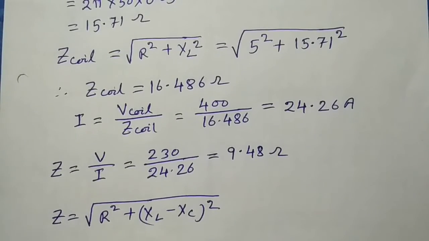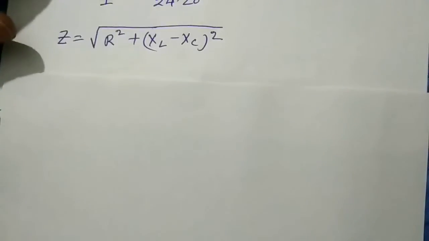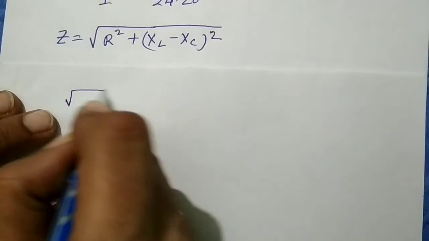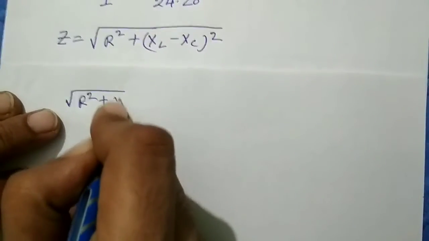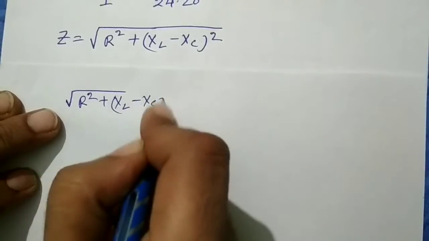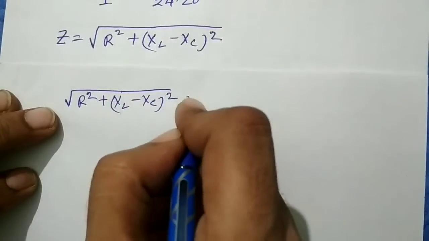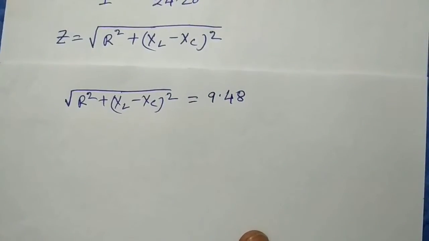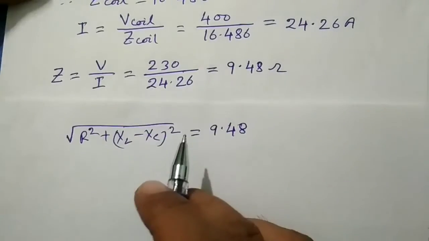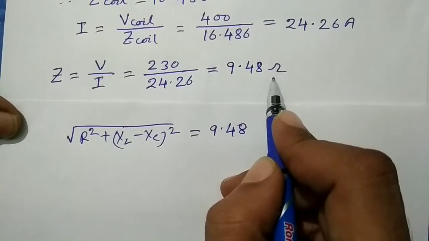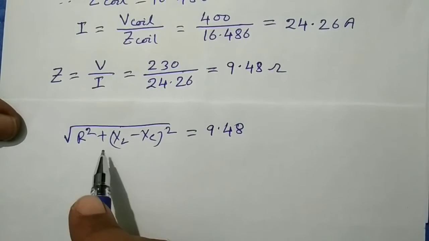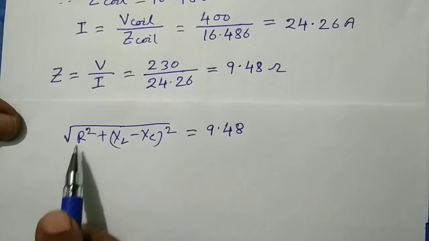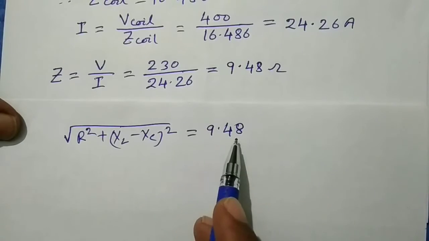Therefore, we can write square root of R square plus XL minus XC whole square is equal to 9.48, because we have already calculated the total impedance of the circuit, that is 9.48 ohms. And for a RLC series circuit, this is the formula of the impedance.